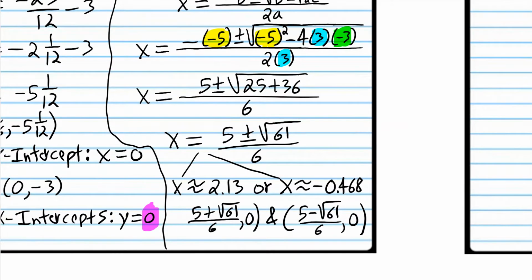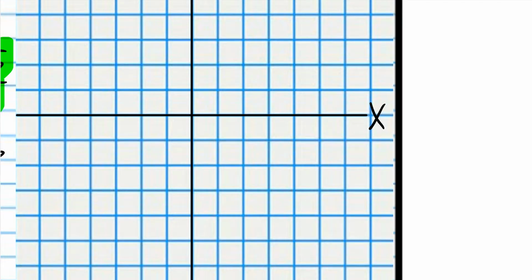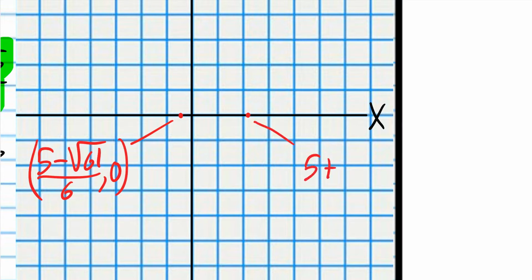And so let's go ahead and graph those x-intercepts. 2.13 is about here, and negative 0.468 is about here. So this would be 5 minus root 61 over 6, 0. And this would be 5 plus root 61 over 6, 0.